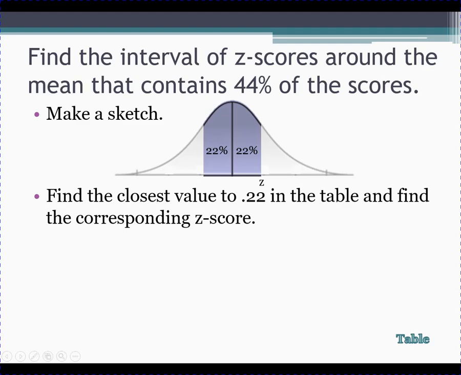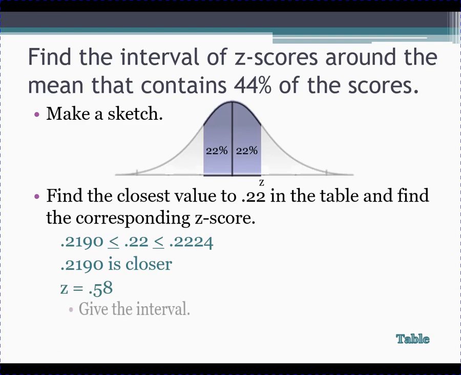So we would be from negative 0.58 to positive 0.58. That was going back to the table, where we're closer here. So we look at 0.58 and give the interval from negative 0.58 to positive 0.58. And that's how we use the bell curve along with the z-scores.